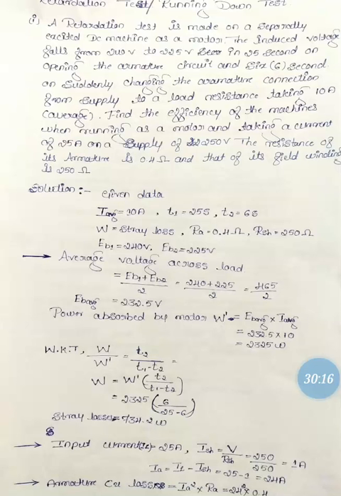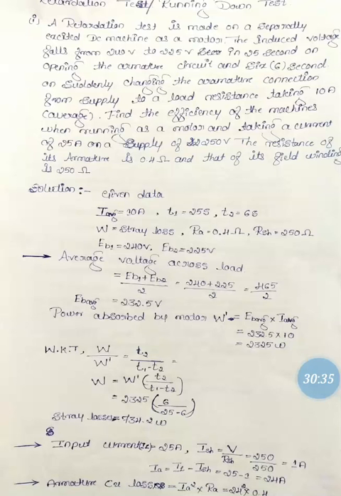The shunt field winding resistance is also given, 250 ohm. Then the back EMF is given, initially 240 volt under normal condition. Once the supply is taken out, the back EMF is 225 volt.